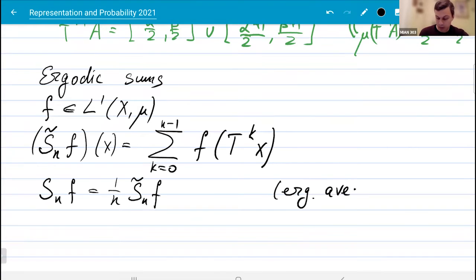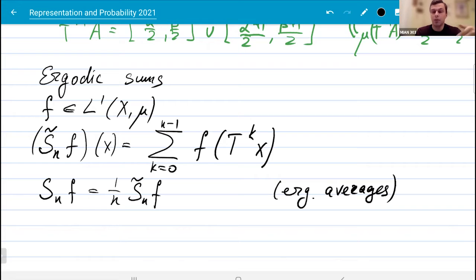You can think about this as follows: you observe the life of one point for a long time, for time n, and then you consider how often something happens.